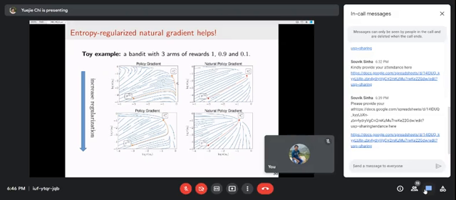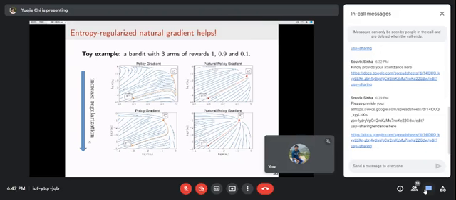All these blue lines show the gradient flows, or the natural gradient flows, pointing towards the optimal policy. And here you see if you use natural policy gradient on the right panel, you converge to the optimal policy following a much more direct path, indicating the convergence is much faster.